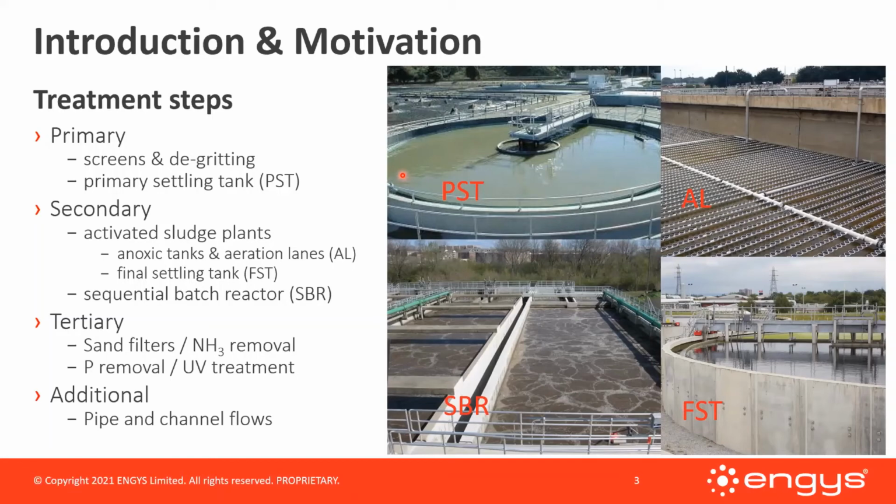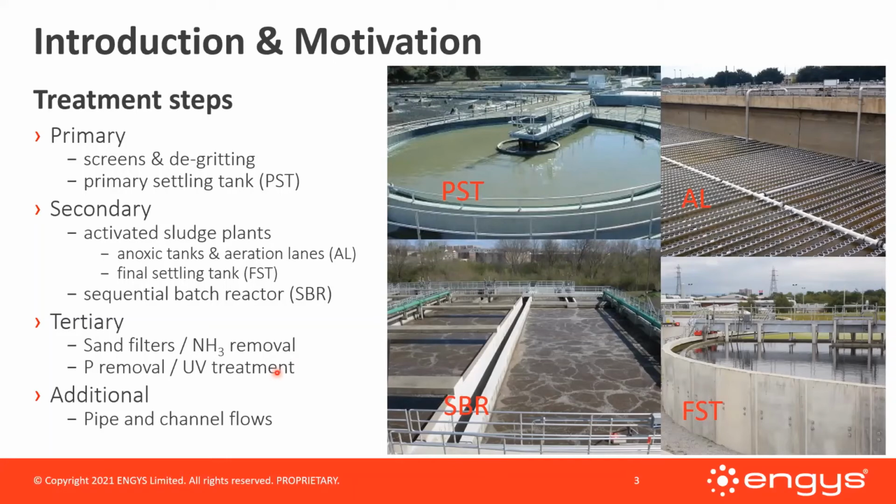The next step consists of the activated sludge plants, in which the wastewater receives most of its treatment. In anoxic tanks, mainly nitrogen removal is performed. In aeration lanes, which we see here, through biological degradation the pollutants are consumed by microorganisms. Sequential batch reactors, you can see a picture here, are also employed to reduce the organic matter content.